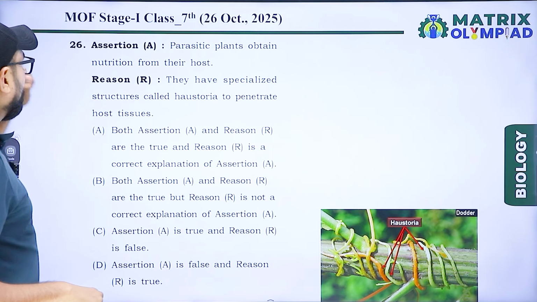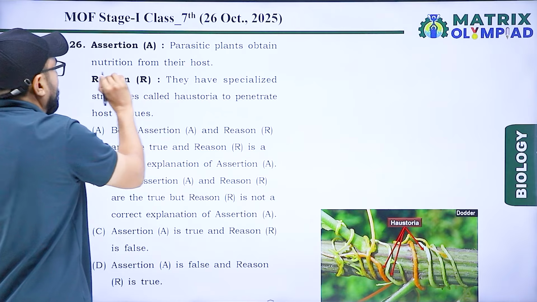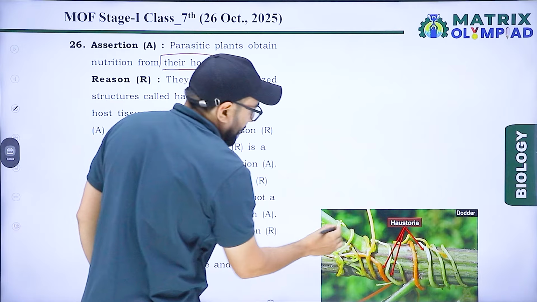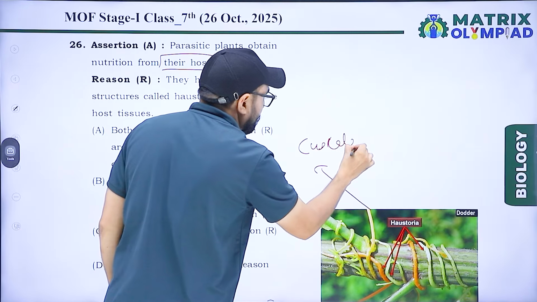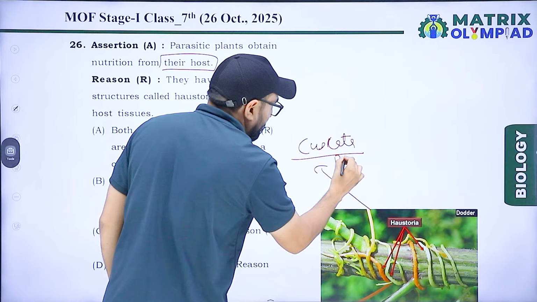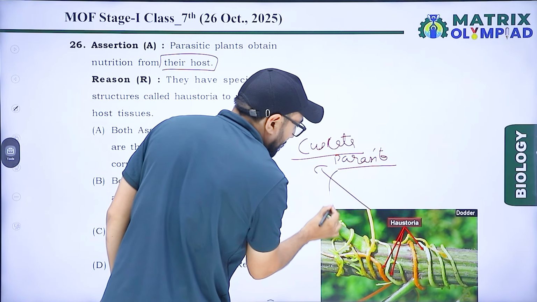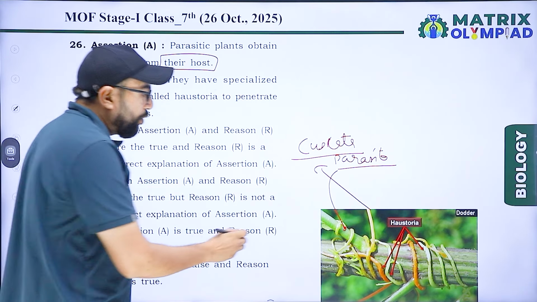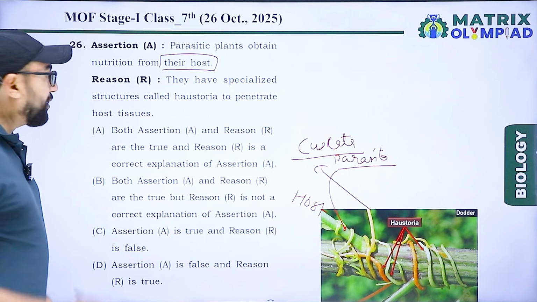Next, assertion A: parasitic plants obtain nutrition from their host. A parasite like this is Cuscuta, the Cuscuta plant. Cuscuta is a parasite and is present on another plant's body. The other plant is the host for Cuscuta.